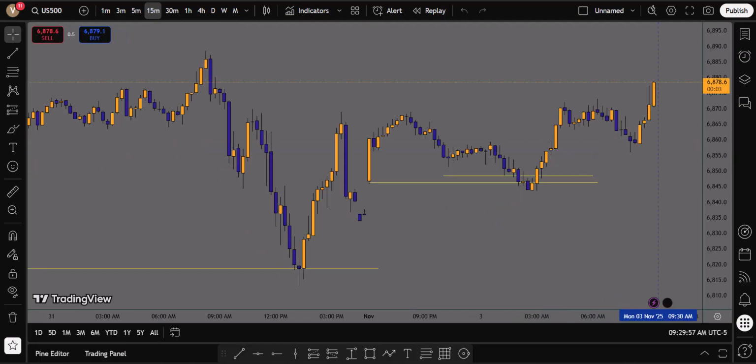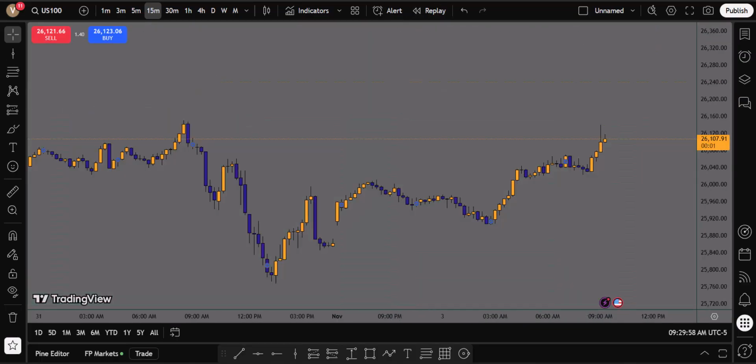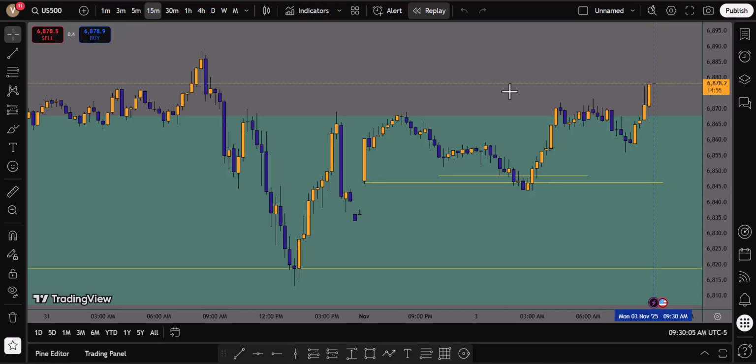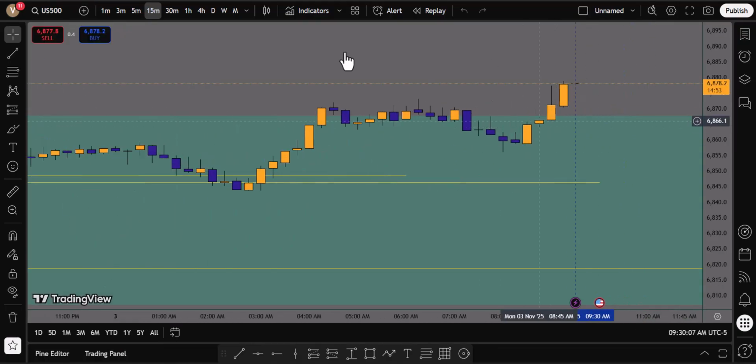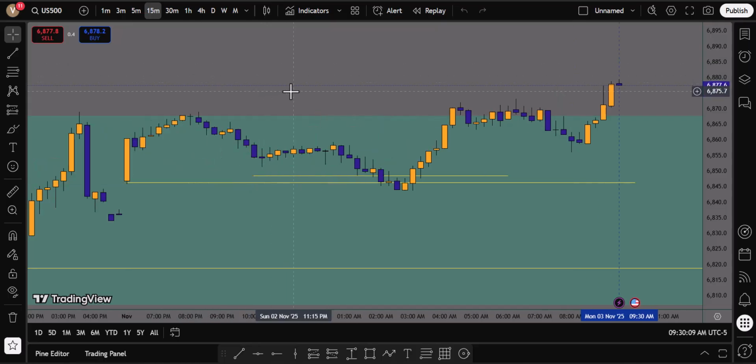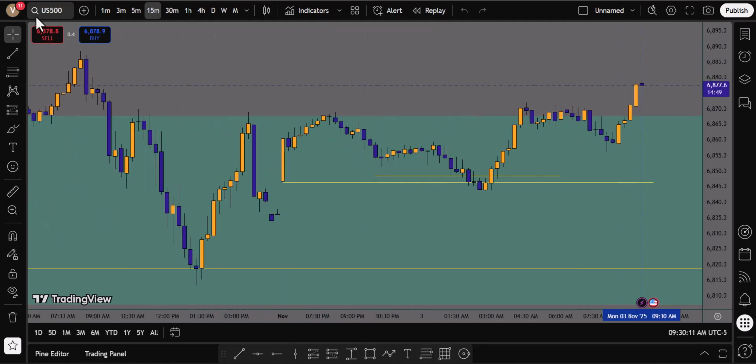Okay, 6 minutes to equity open. Okay, 6 seconds. I think it's already time. So let's see how price reacts off of here. Okay, so from this point, I will transpose to the 1 minute chart.